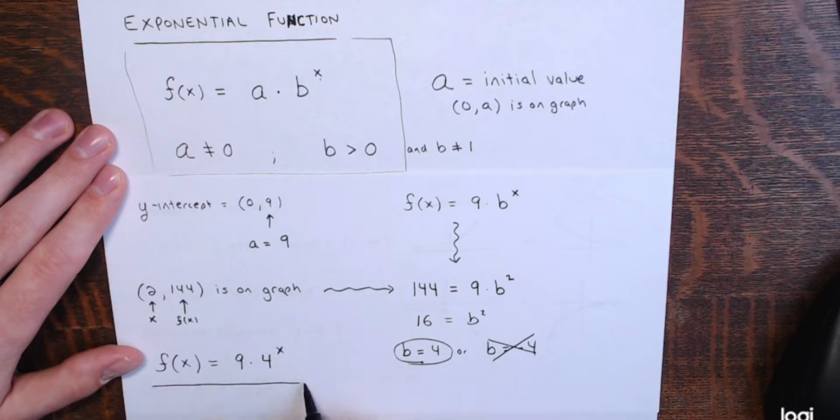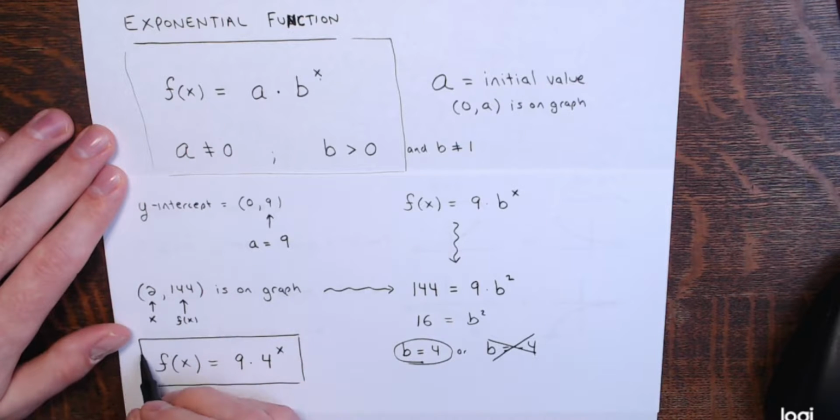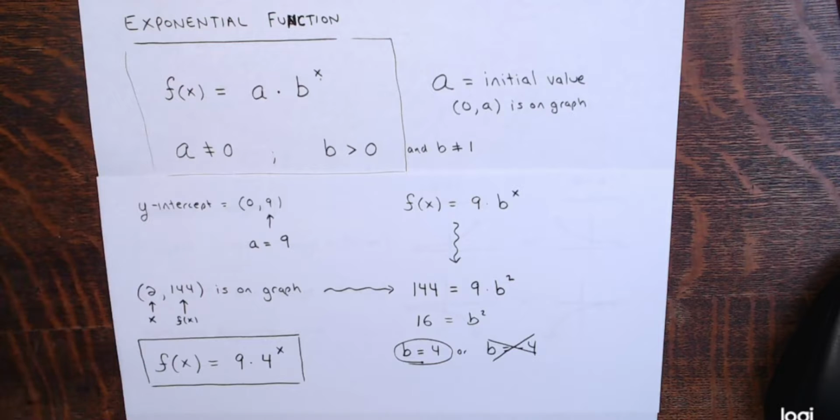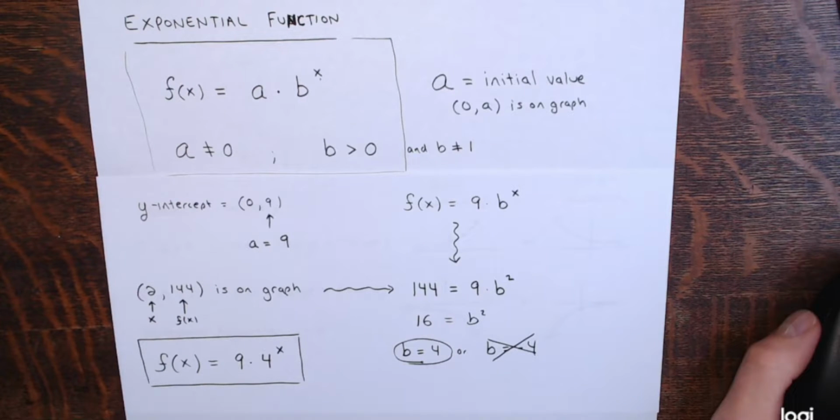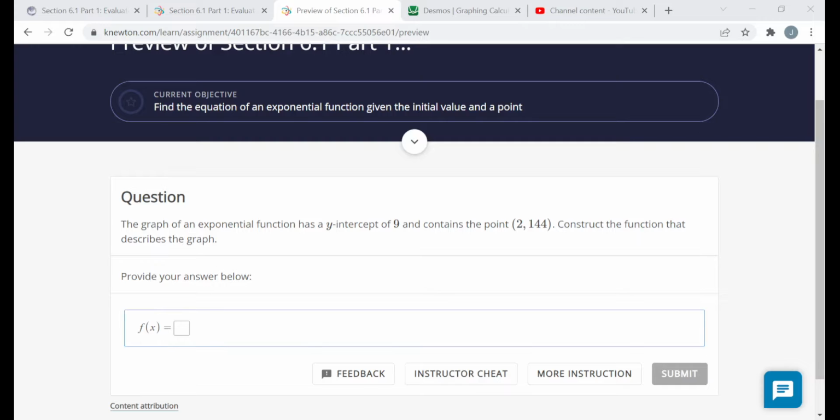And this is our exponential function that satisfies what they said. When x is 0, the output would be 9. And when x is 2, you'd get 9 times 16. The output would be 144. Perfect. And that's what I'll type in. Now they already have the f of x equals, right?